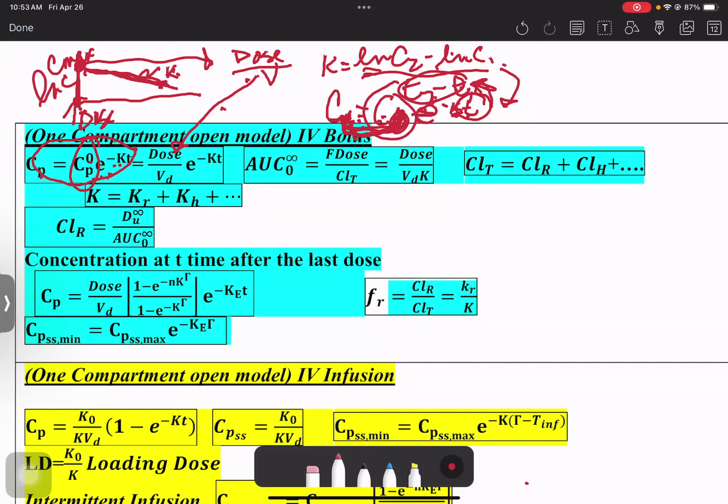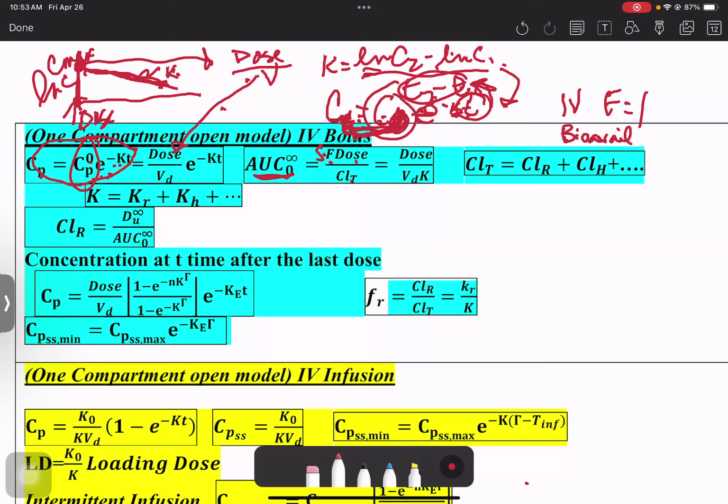As we've discussed before, area of the curve is equal to bioavailable dose, you could put a salt form on here too, over clearance. If it's given IV, remember, the F is always 1, right? Because what's the definition of bioavailability? Bioavailability is the fraction of drug that we give that actually makes it to the systemic circulation.